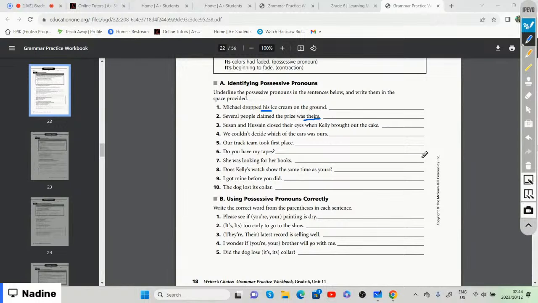Susan and Hussein closed their eyes when Kelly brought out the cake. All right, so if we identify the possessive pronoun, we will say their.